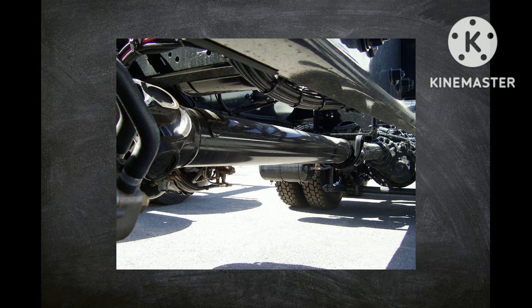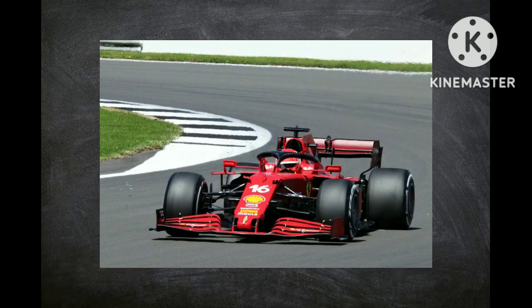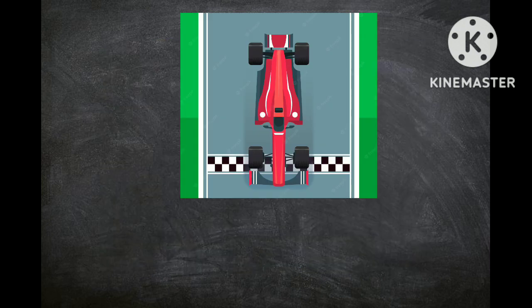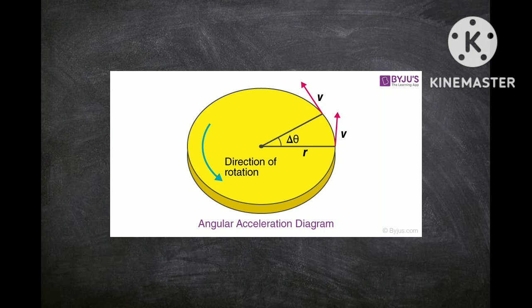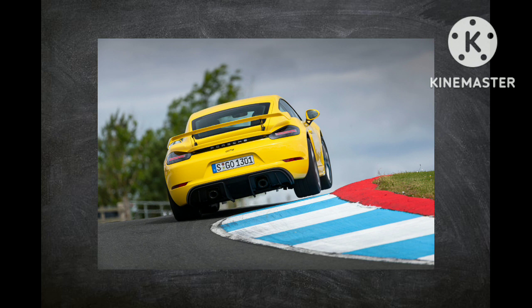The drive shaft in a racing car accelerating from the start line releases dynamic torque because it must be producing an angular acceleration of the wheels, given the car is accelerating along the track.